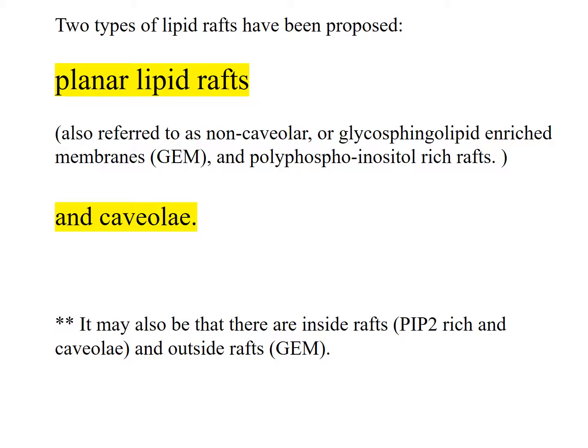And there's two flavors of the planar lipid rafts, the so-called glycosphingolipid enriched membranes, GEMs. And if there's not a lot of glycosphingolipids, they're said to be phosphoinositol rich rafts. So you have these inositol rich or these sphingolipid enriched rafts, but they both look very flat, and they're called a plain or smooth lipid raft versus a completely different invaginated structure which has a protein known as caveolin.